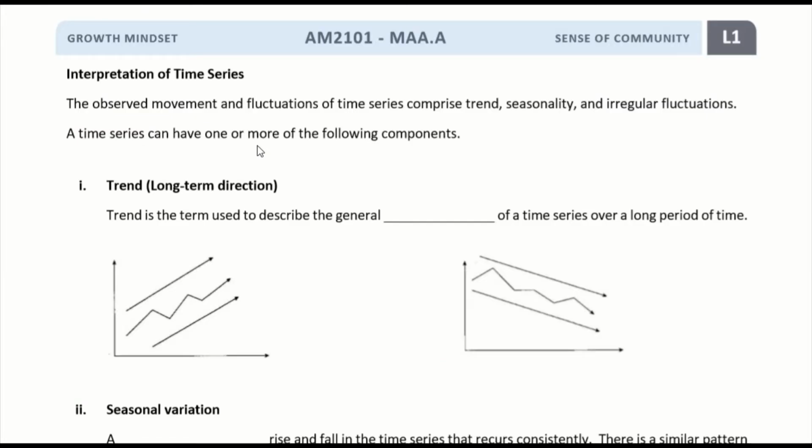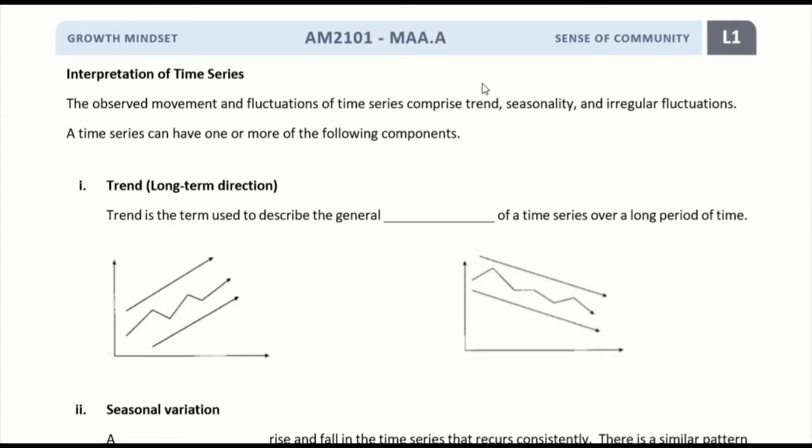In this part, we are going to look at the interpretation of time series data. After you create a time series plot from the time series data that you have, you are going to observe the movement or the fluctuation of the data points. From that, we try to observe their trend, their seasonality, and also whether they are regular or irregular fluctuation.